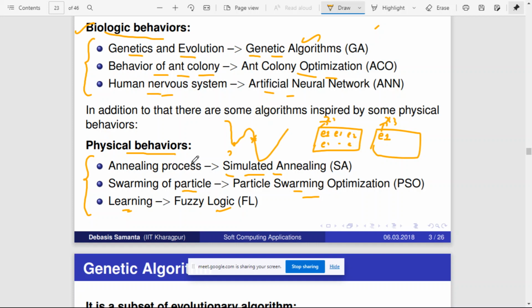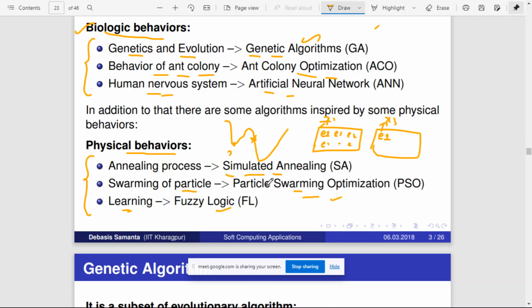There is some synchronization between their movement, but they are not following any command. It is not that somebody is giving them orders as they move. There is some unorderedness, but as a whole it is ordered.